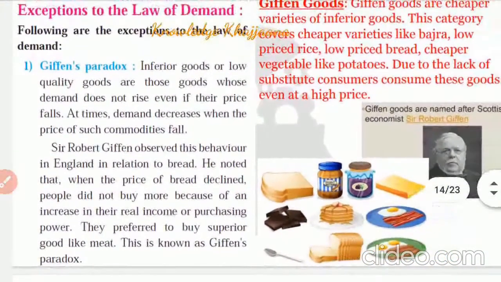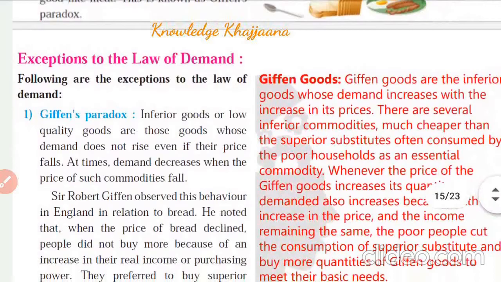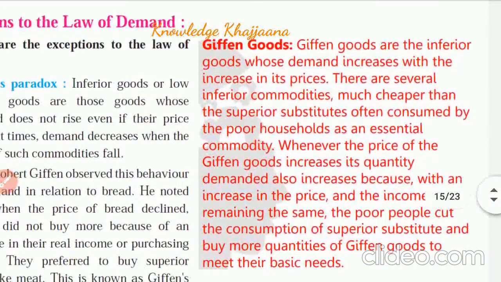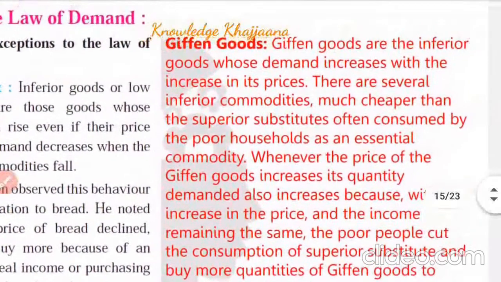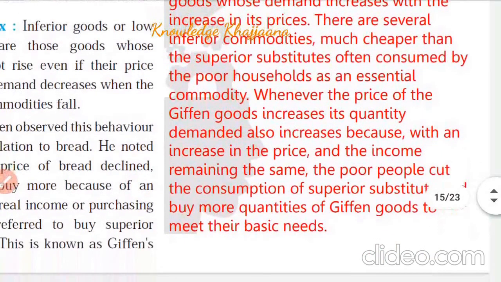What is the next factor which violates the law of demand? See, we'll see more in detail about the Giffen goods. Giffen goods are the inferior goods whose demand decreases with the increase in its price. There are several inferior commodities much cheaper than the superior substitutes, often consumed by poor households as an essential commodity.